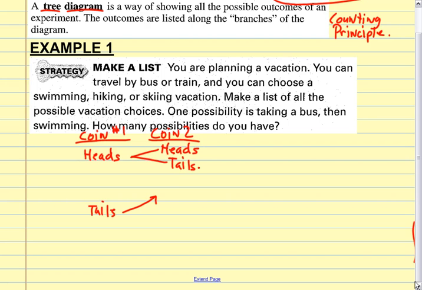Tails, tails, or tails, heads. So how many different combinations are there? How many different ways could it flip? I'm flipping 2 coins. Coin 1 could be heads or tails. And coin 2 could be heads or tails for each one of the possibilities for coin 1, right?